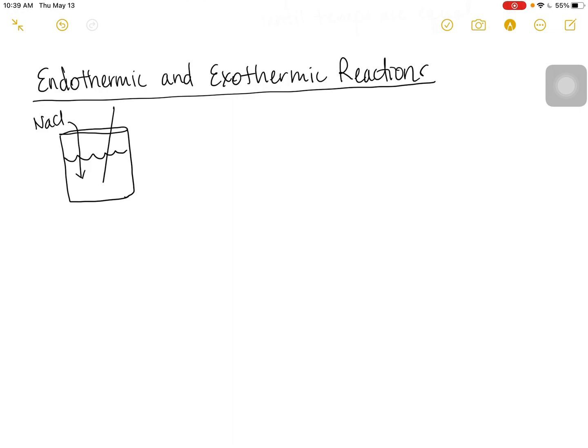I also have a thermometer, because anytime we're studying heat, we're going to need a thermometer. Okay, so there are two words in thermochem that are really important that we define and that we understand. And the first word is the system, and the second word is the surroundings.